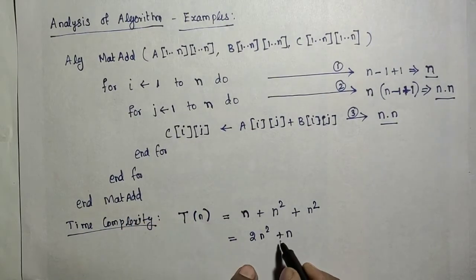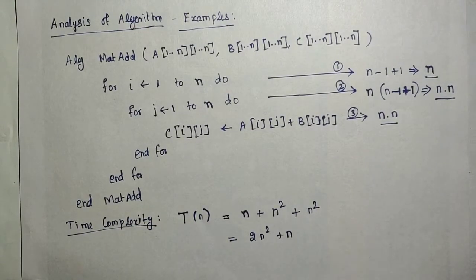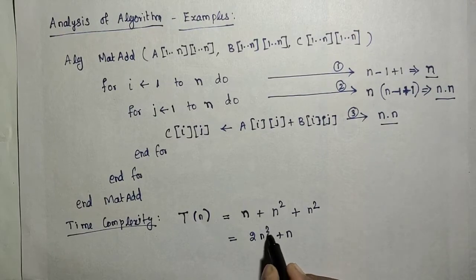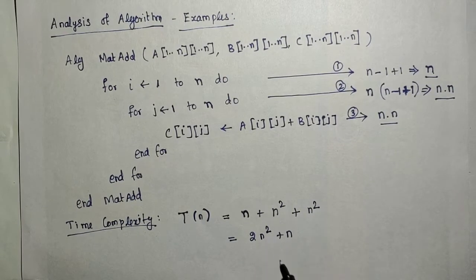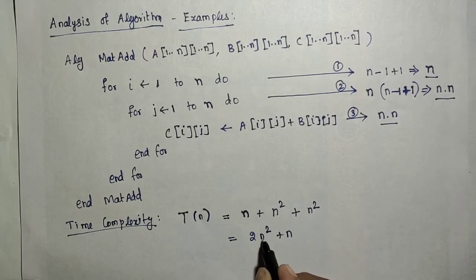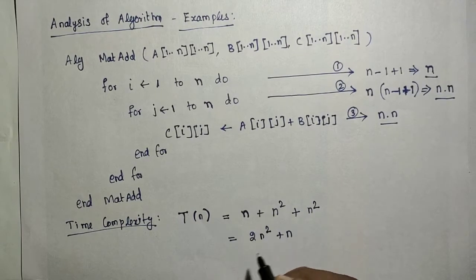We need to prove that this belongs to big O of what function. The simple method is to take the highest power of n. So n power 1, n power 2, I have to consider n power 2. I can ignore the lower term and the constants.